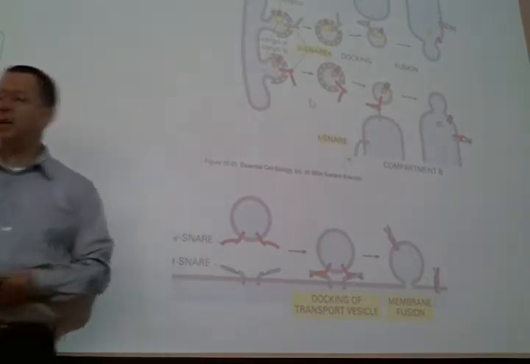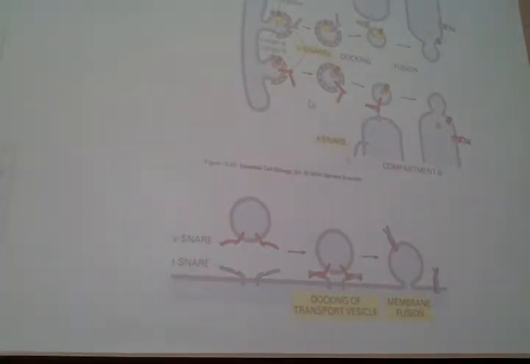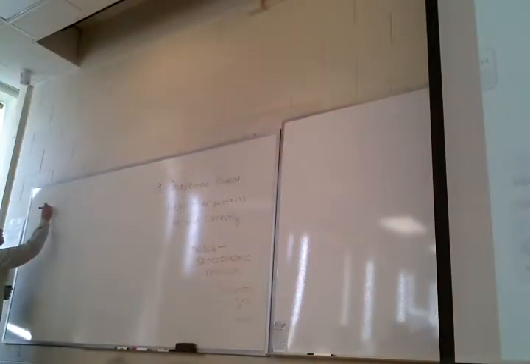So there are two kinds of SNAREs, and you need one of each to get where you're going. So there are first v-SNAREs, v for vesicle. So there's a SNARE protein in the vesicle.